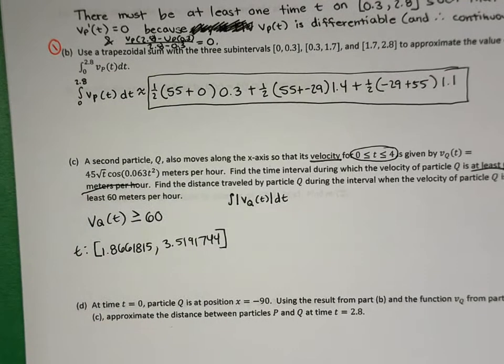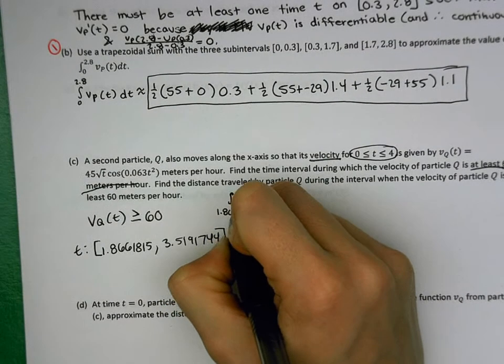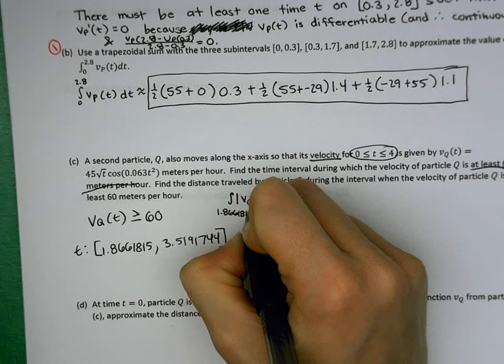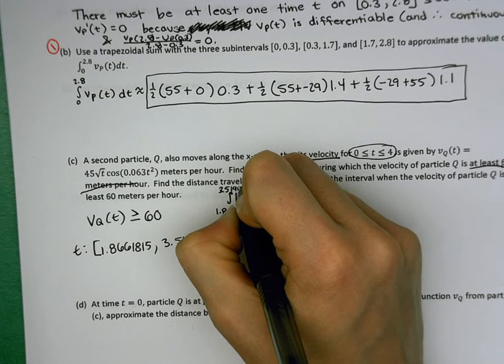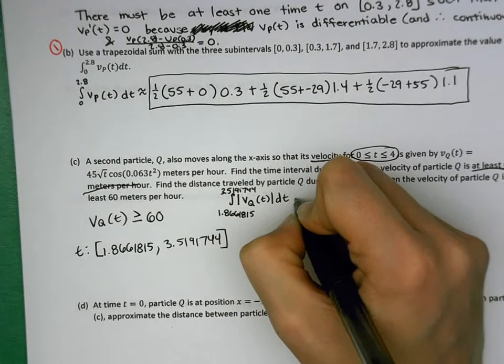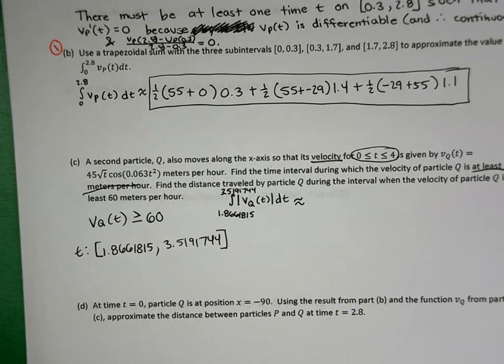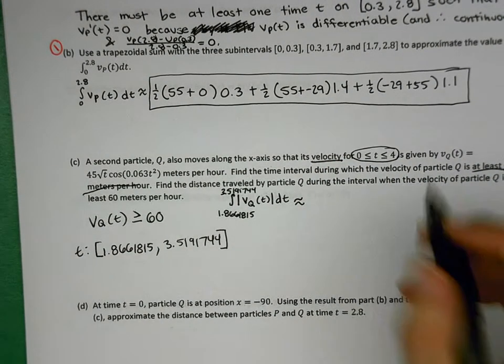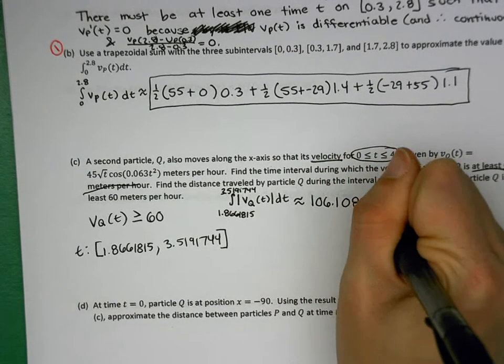Okay, and so those are your bounds. Then you plug it into your calculator, and you should get about 106.10875 as your total distance there.